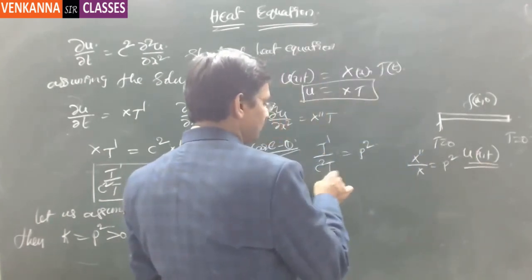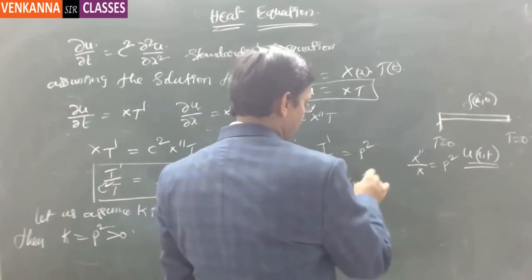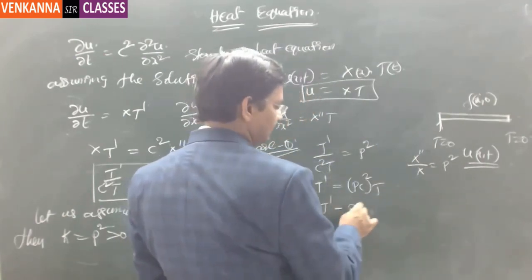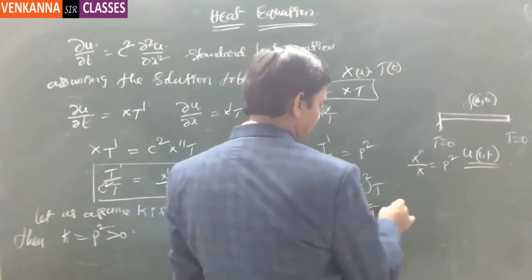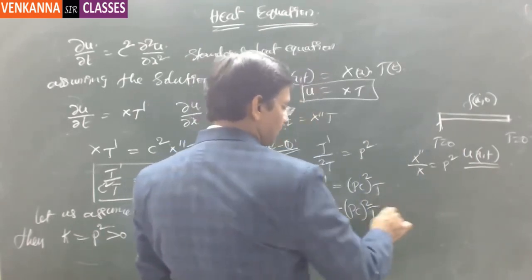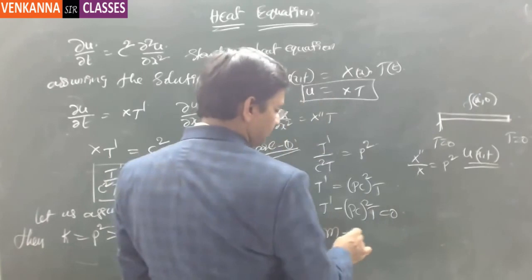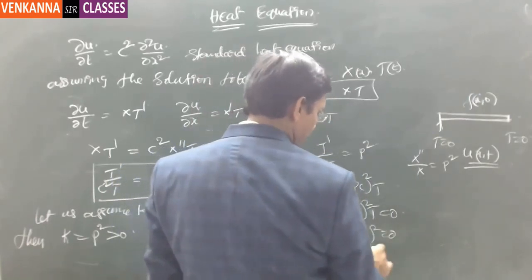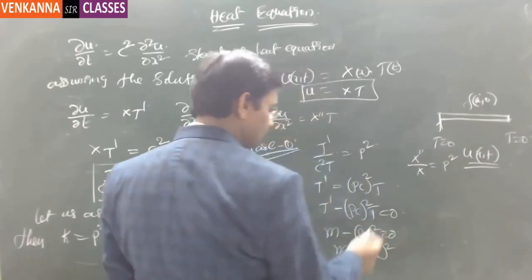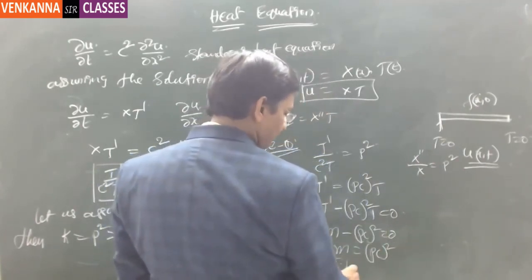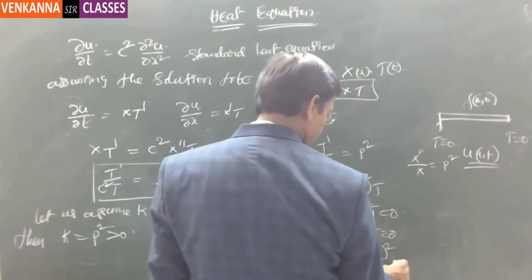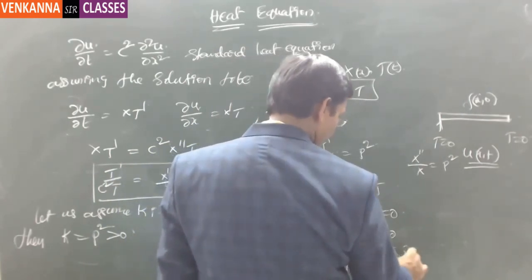Now T dash minus p c whole square into T equals 0. The auxiliary equation is m minus p c whole square equal to 0, or m is equal to p c whole square. The complementary function is C1 e power p c whole square into t.